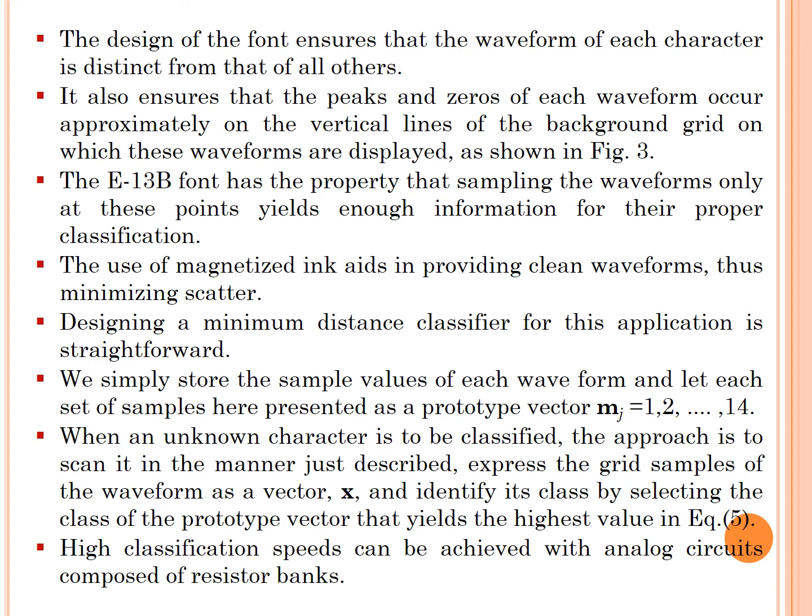When an unknown character is to be classified, the approach is to scan it in the manner just described, express the grid samples of the waveform as a vector x, and identify its class by selecting the class of the prototype vector that yields the highest value in equation 5. High classification speeds can be achieved with analog circuits composed of resistor banks.